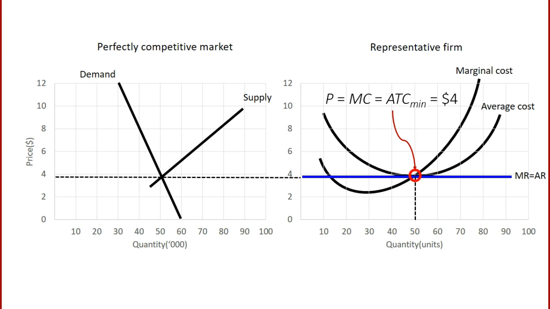So allocative efficiency is satisfied, and the average total cost on this average total cost curve at 50 is also 4. So productive efficiency is also satisfied. So we would say in a perfectly competitive market, in the long run, we would achieve productive and allocative efficiency.